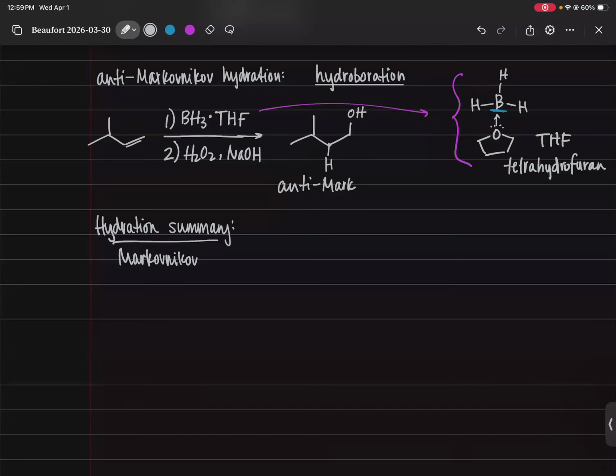If we want Markovnikov addition, and we are okay with having a possible carbocation rearrangement, or we want one to occur, then we'll use acid.